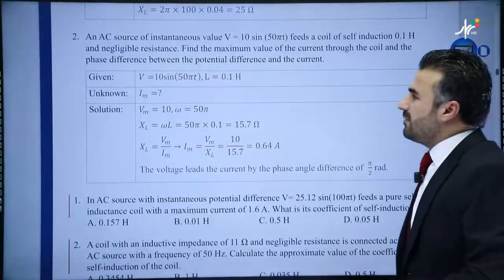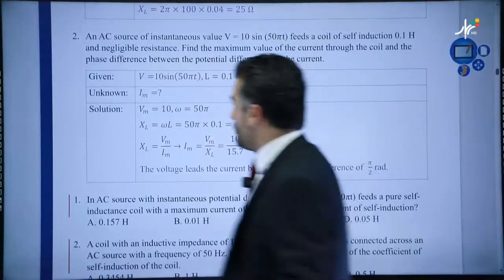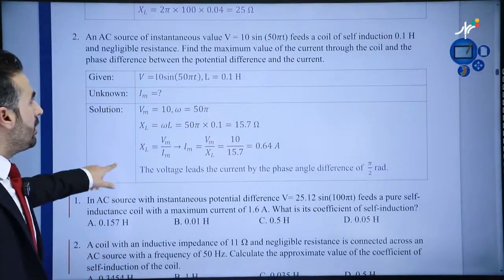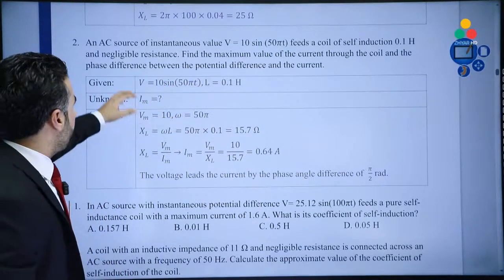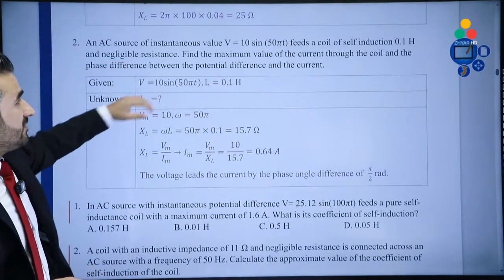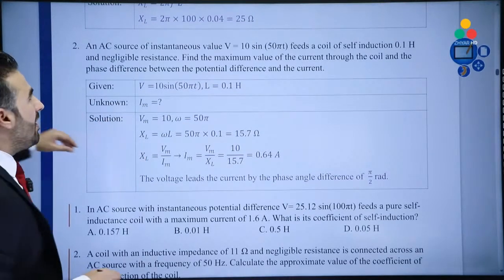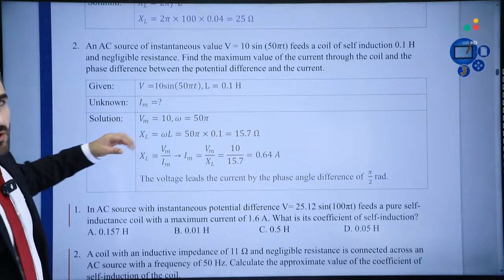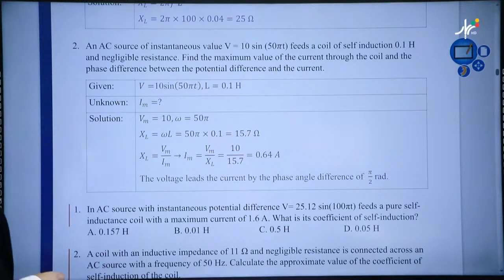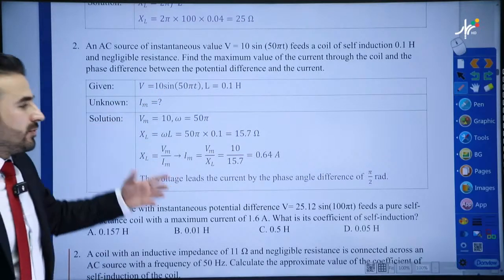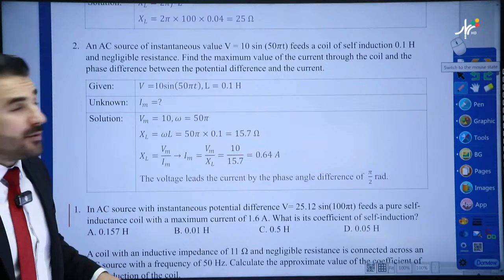Now moving on to the next question here. This is pretty much the same as the other one, but let me tell you one more thing about this one. When you're given an equation like this, for example, it tells you that the source of instantaneous values of V equals 10 sine 50 pi t, yeah? I want you to notice one thing here. What if they ask you to write the equation for the instantaneous current here?